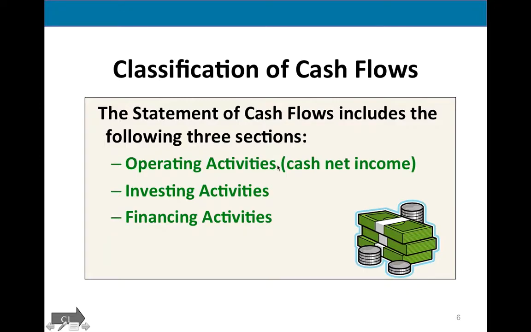Another way to think about operating activities, the total of operating activities will be our cash net income, versus the amount of net income that we report on the income statement, which is actually the accrual net income, right? The accrual net income does not care about cash.